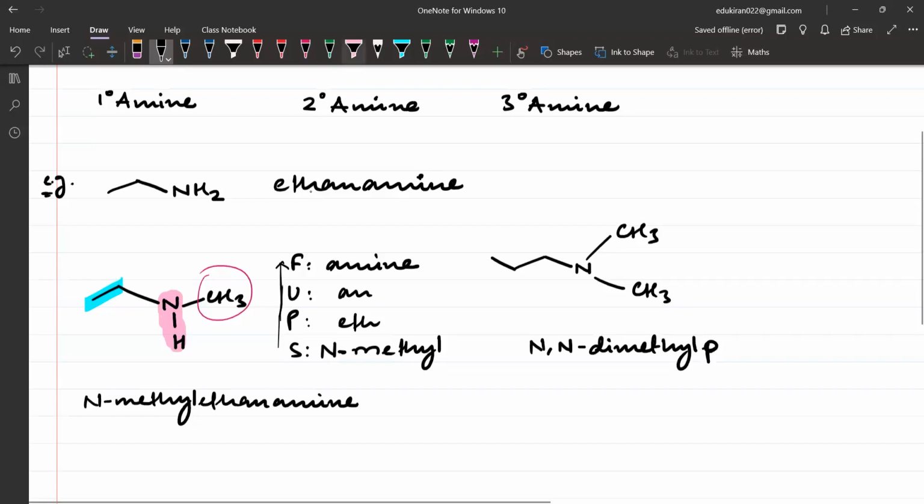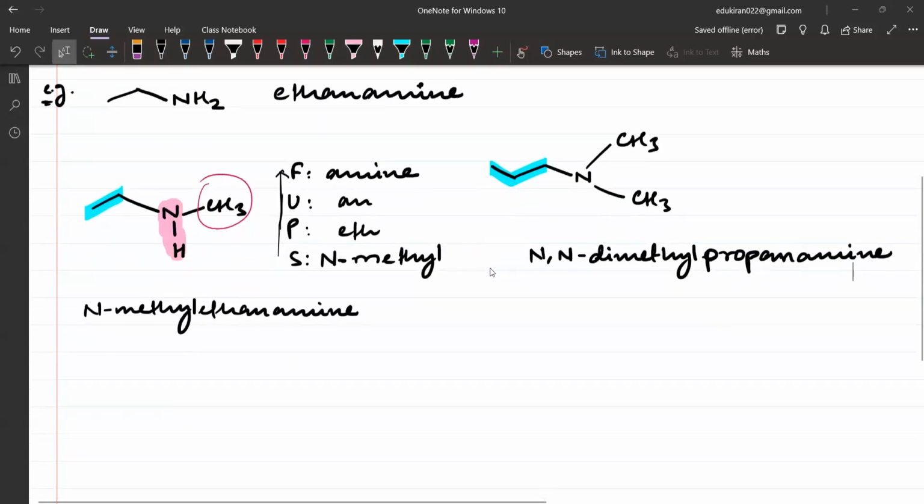Now it is 3 कार्बन atoms, तो ये prop हो जाएगा प्रोपेन, प्रोपेनमीन.